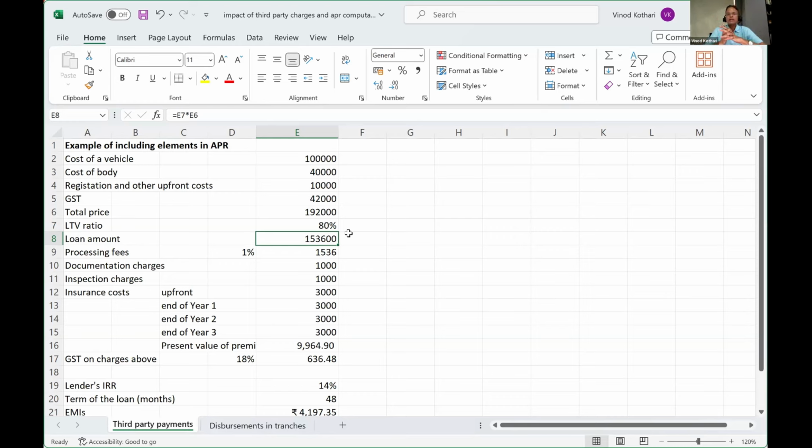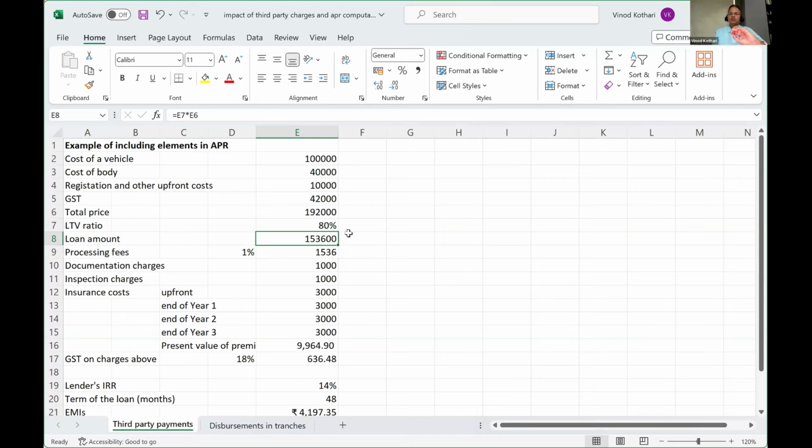And then you're collecting, let's say, an insurance premium from the borrower as well. Now, when we say third-party charges, I'm coming back to further discussion on what the rule is for including or excluding them. But as of now, the insurance premium is payable by the borrower to the lender, and the lender pays it to the insurance company.